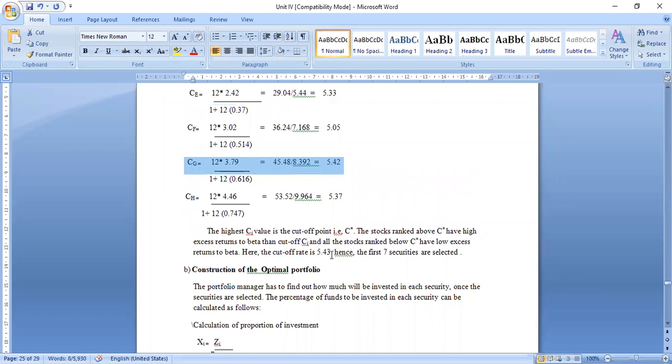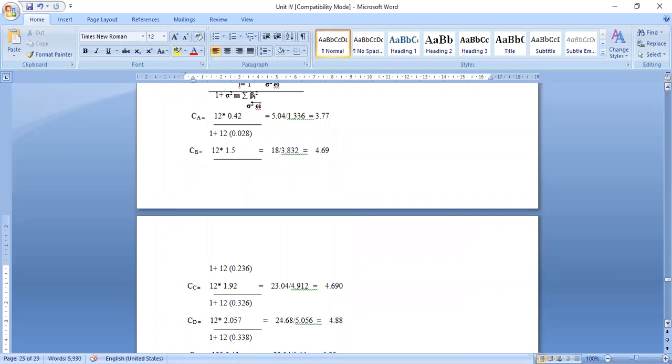Here I will change the value. It is 5.42. Okay. So I hope up till here it is clear, then we will move on to the construction of the optimal portfolio. That will be the final part for selection of securities. If any student is having any doubt up till here, I will move ahead towards construction of the optimal portfolio.